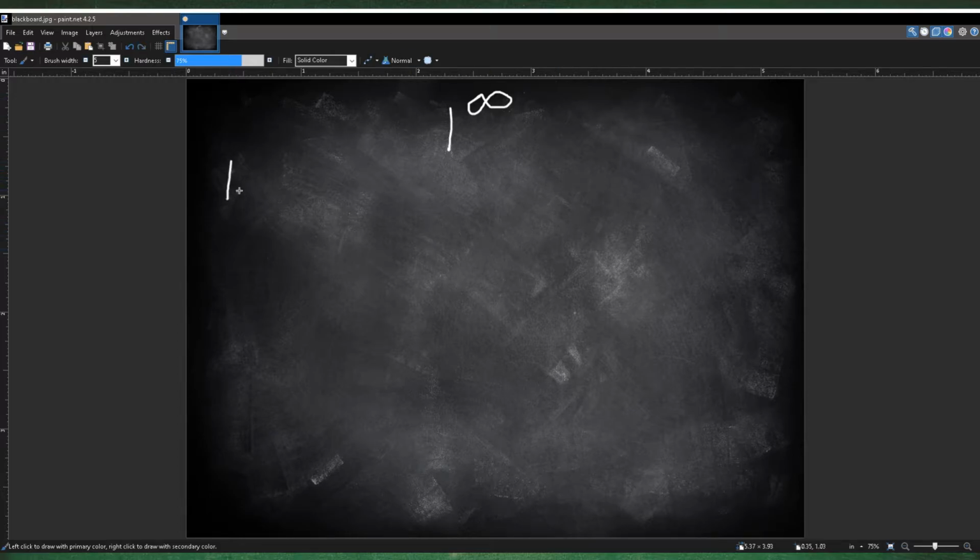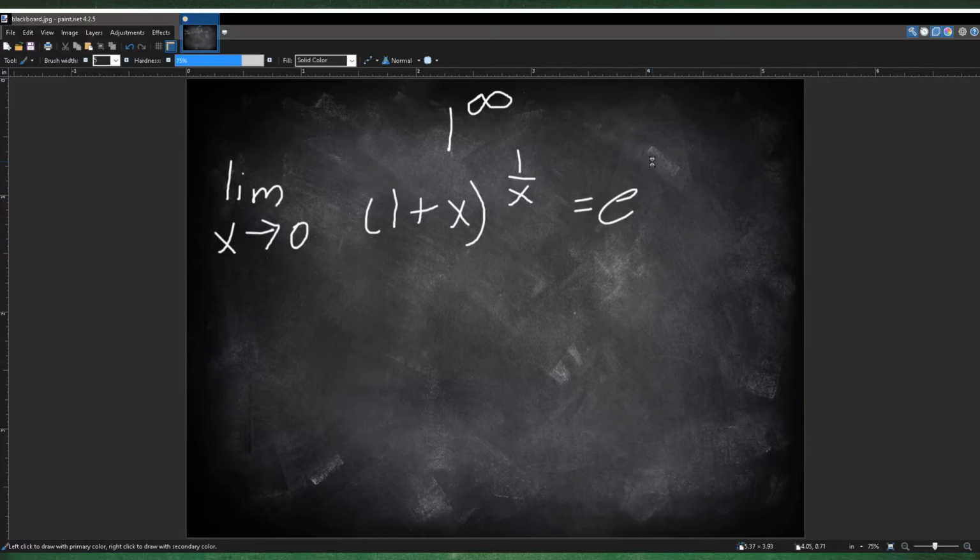So we have the limit as x approaches 0 of 1 plus x to the power of 1 divided by x, right? So that's one idea for equaling e. It's not really a proof, but it shows why this is equal to e.